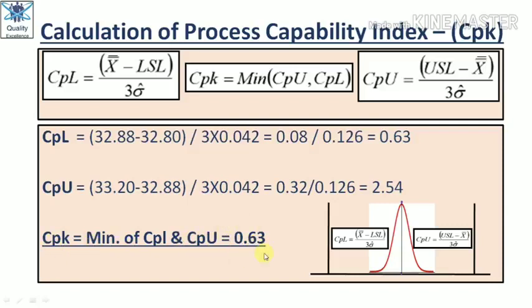You can see here our CPK is 0.63, and that is CPL. What does it mean? CPL is the lower capability. That means our process mean is lying somewhat on the left side and nearer to the lower specification limit. So that is the reason why it is considered as CPK. I hope it is clear now.